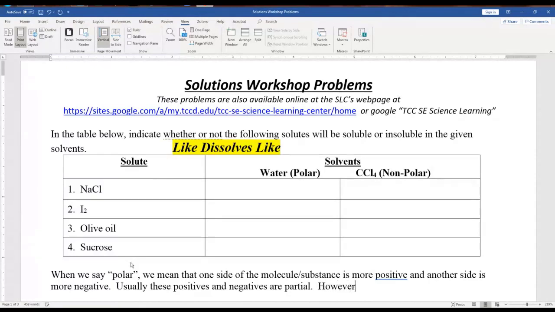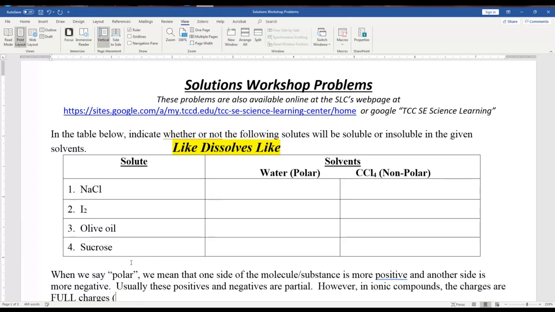However, in ionic compounds, the charges are full charges.